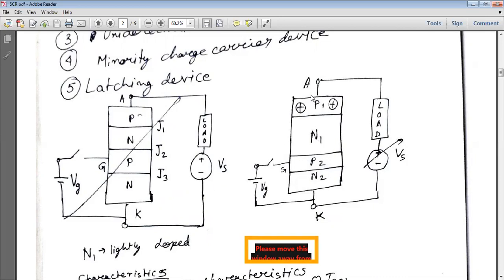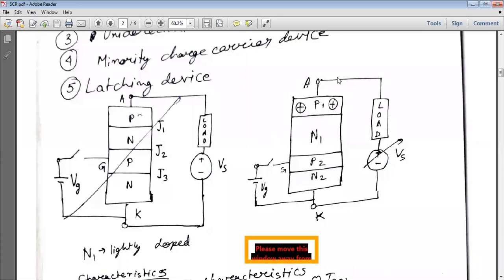Now we can see that this is the anode of an SCR. This is the cathode. Anode and cathode are there, and one gate terminal is there. Through the gate terminal, gate current can be applied.